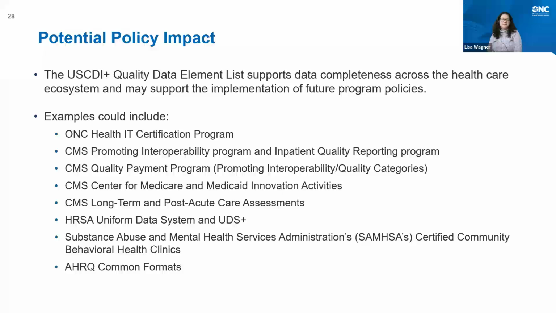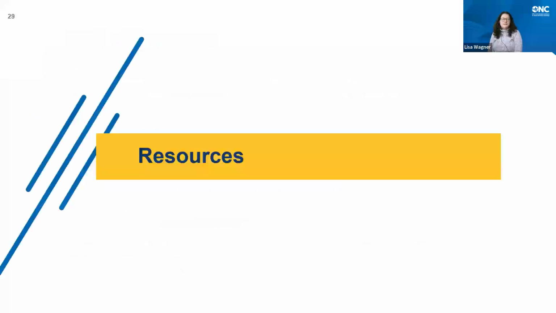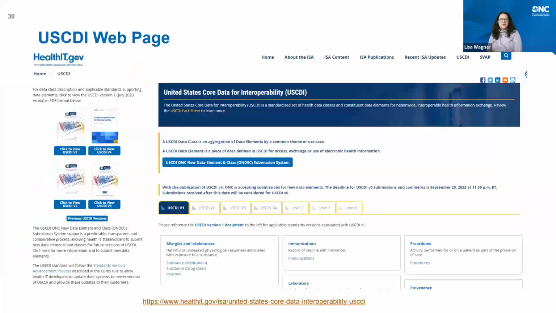Next slide, please. So just to close that out, a few resources that we've talked about today. There is the USCDI web page, so that speaks to the work Al mentioned, and you can explore all of the current final versions of USCDI from version 1 through version 4 on that page.